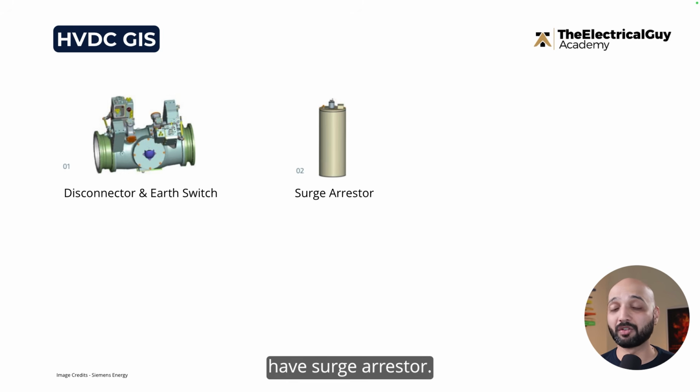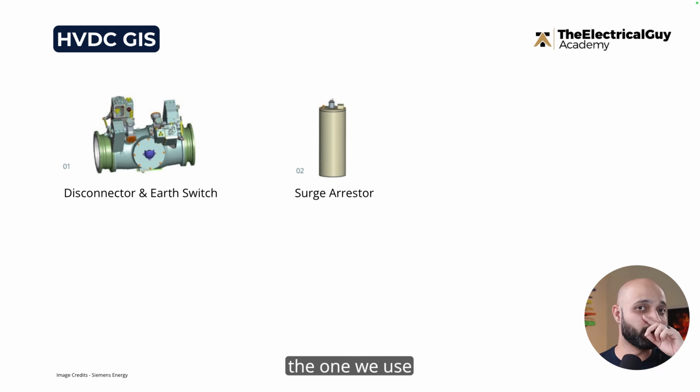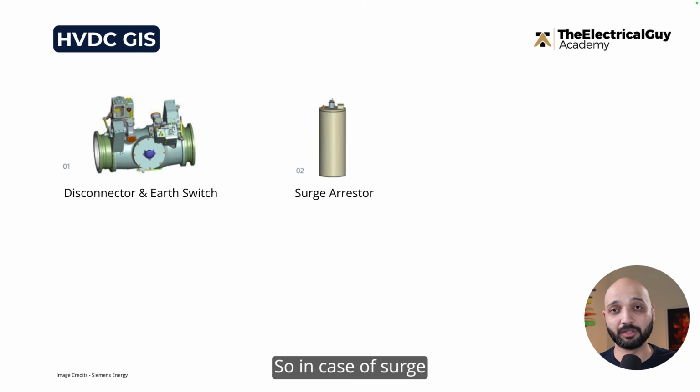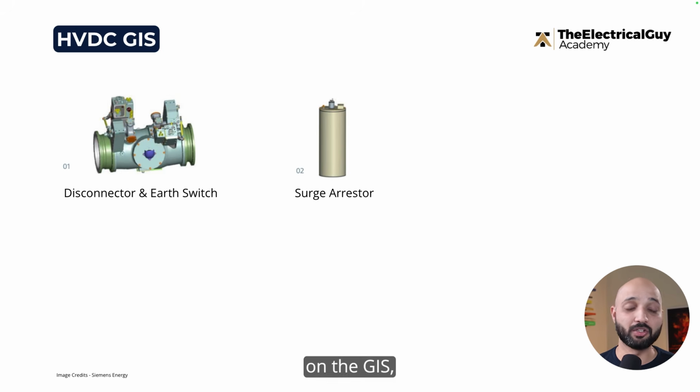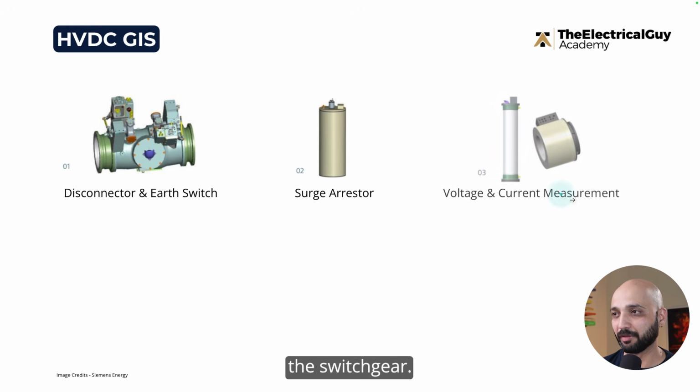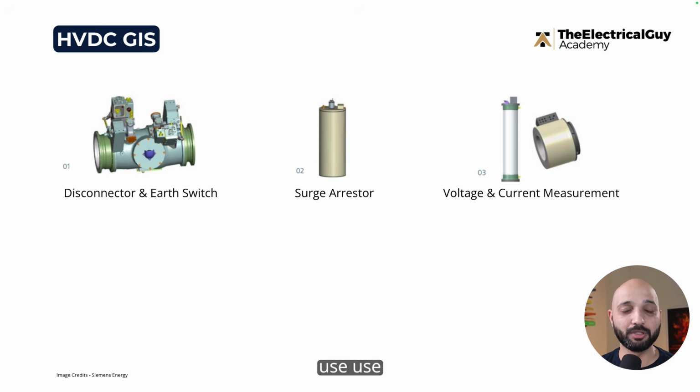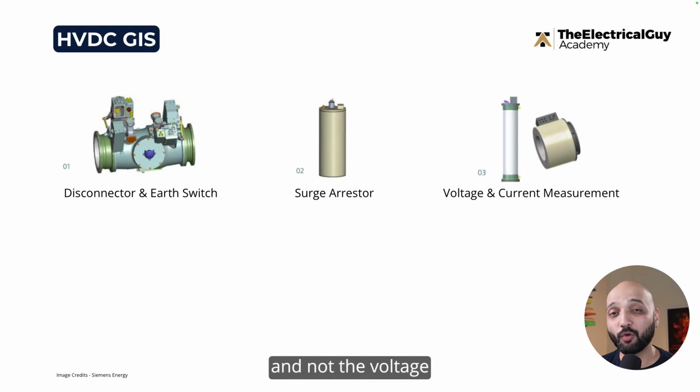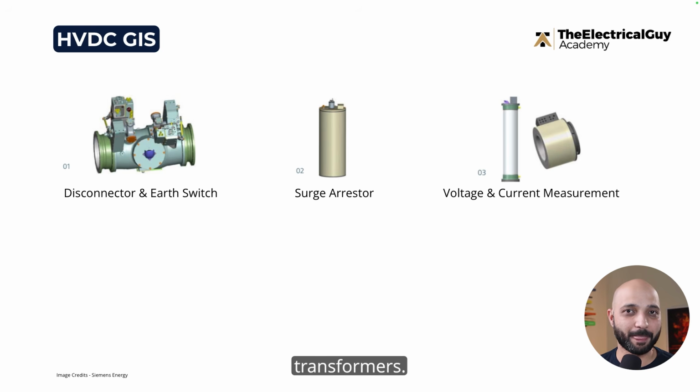Then we also have the surge arrester. The function is the same as that of the one we use in AC transmission. So in case of a surge happening on the GIS, it can be grounded safely without damaging the switchgear. Then we also have voltage and current measurement. Now please focus on the words. The word measurement is used and not voltage and current transformers.